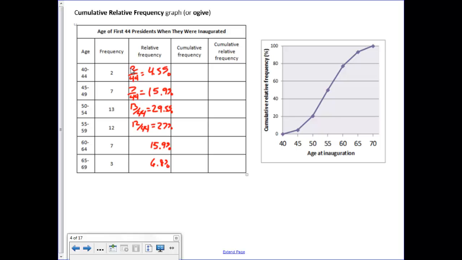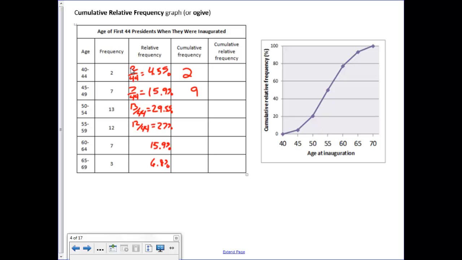And then we have the cumulative frequency. And when we talk relative, that deals with percentages. So the cumulative frequency, in this first range, I'm just at 2. I only have 2 presidents between 40 and 44. Cumulative means we keep adding on. So now in this next set, age range 45 to 49, there's 7 more. So 2 plus my 7 gives me 9.